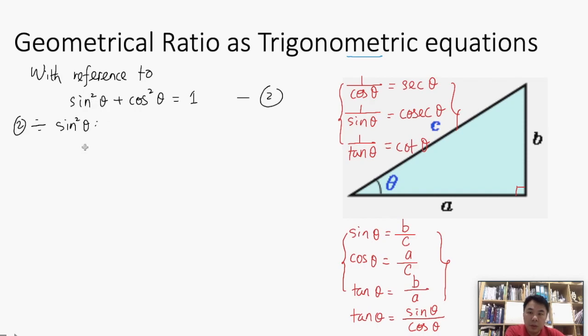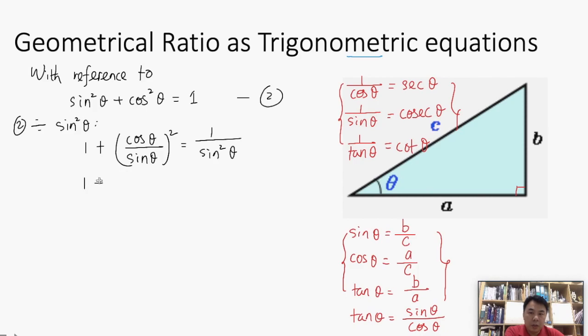So if I divide by sine square, I will have a 1 there. I would end up with cosine square over sine square here. And then this would give me sine square theta. Alright. Okay.